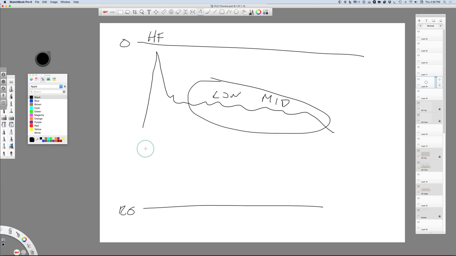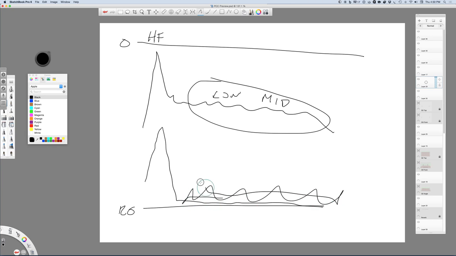So if you go over the time scale, high frequencies shoot up dramatically and then drop off dramatically and are mostly here in the low-level information, whereas the low and mid frequencies start off low and then come up higher and last through the sustain of the note. So that's part of what's going on.